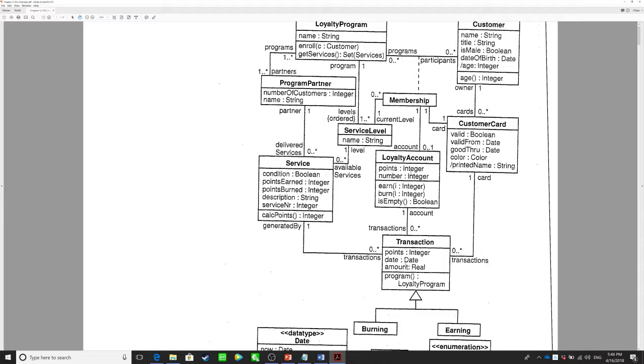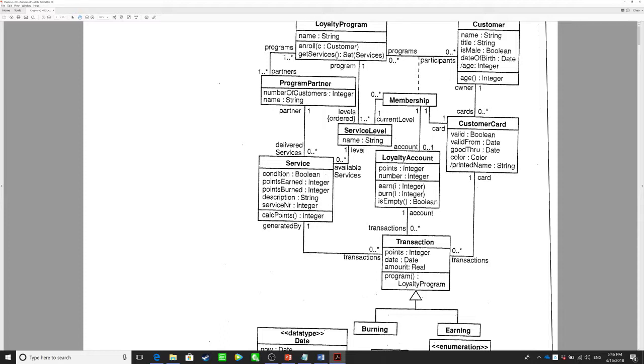All right. And there are some other classes here. And here, if you see under the transaction, there are two subclasses. One is burning, one is earning. So it's easy to understand.